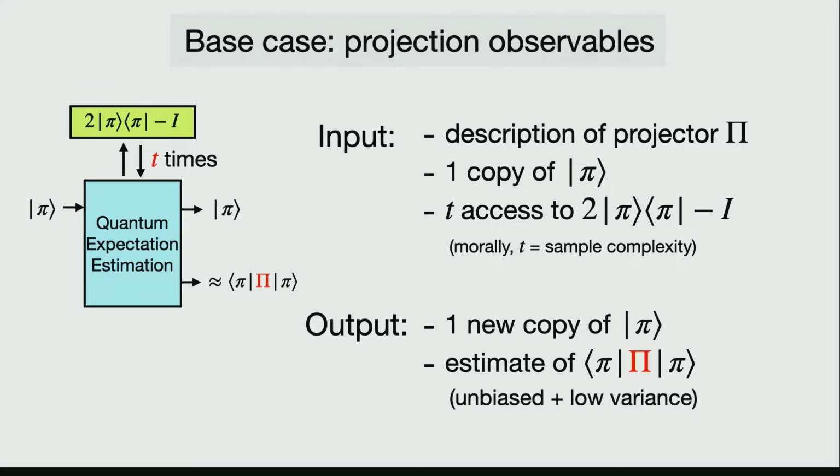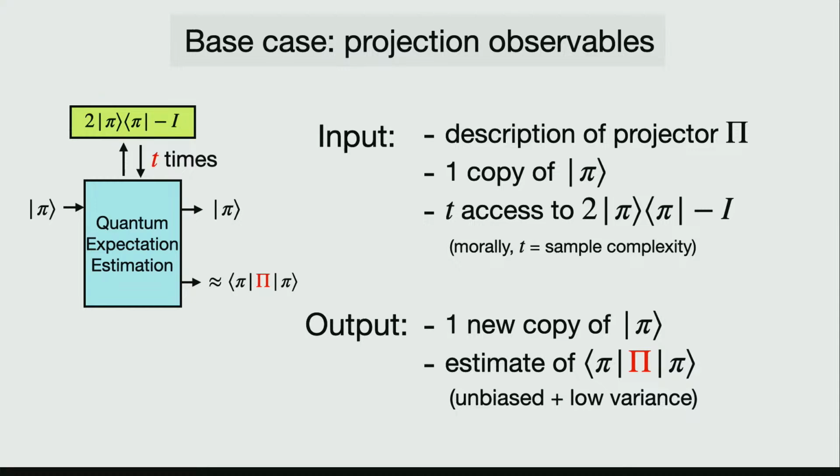As output, you would like the first register to still contain a copy of the quantum Gibbs state, so in some sense you haven't destroyed it. And you also want a good estimate of the expectation value, ideally an unbiased estimate with a low variance, in order to achieve the right concentration inequalities when you take a product of estimates.